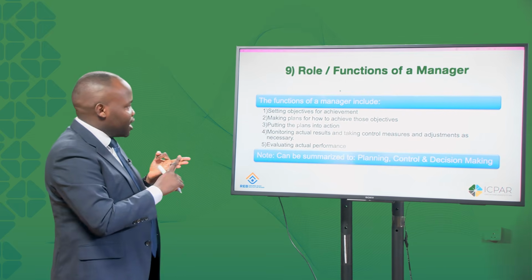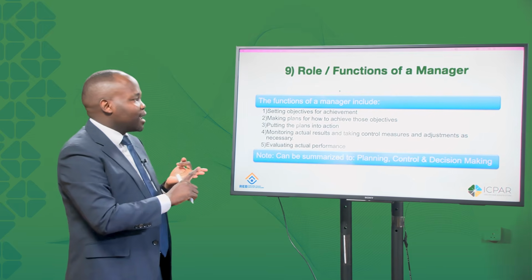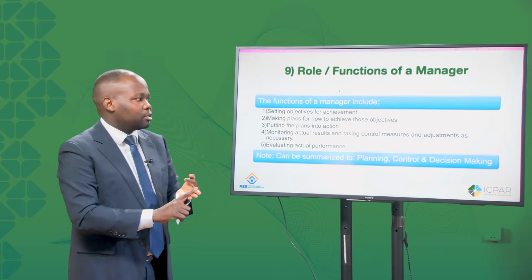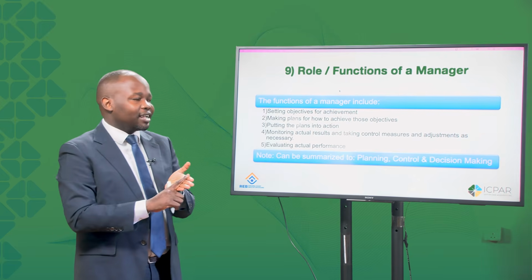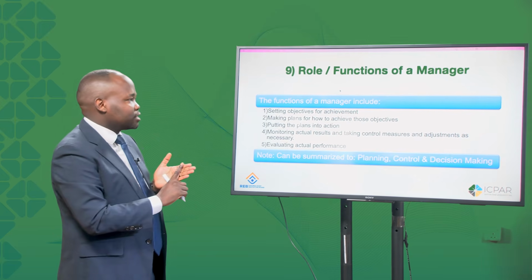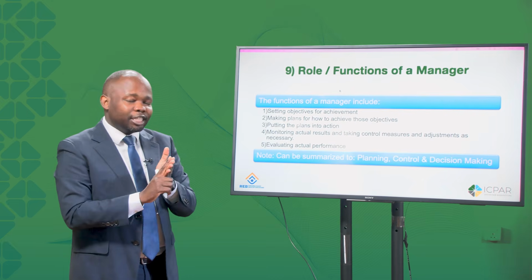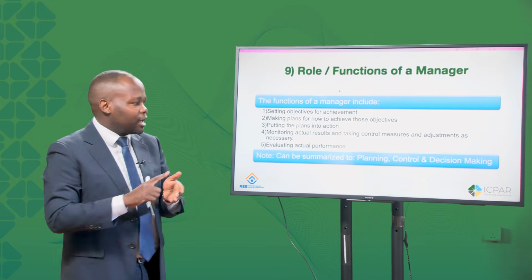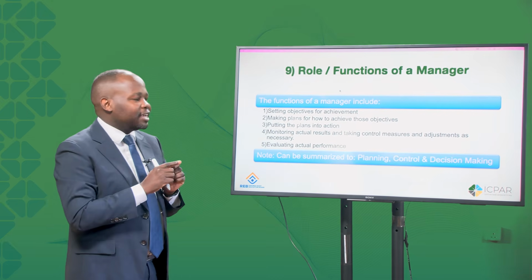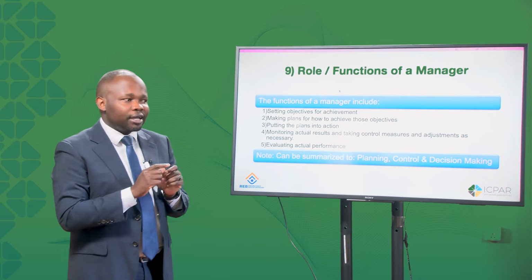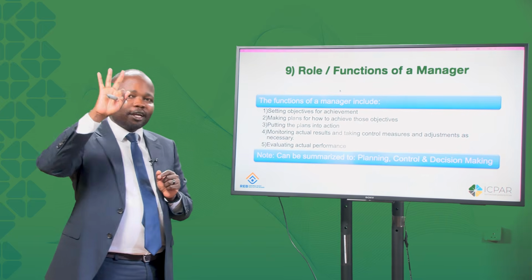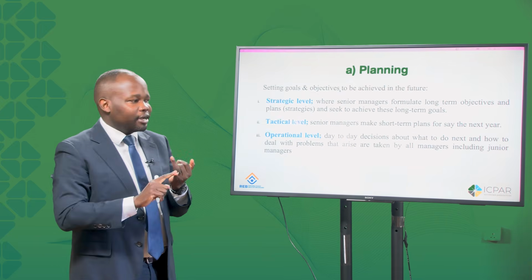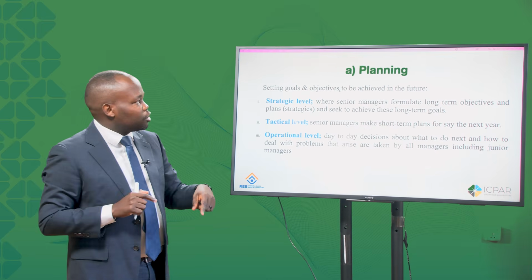The third function is putting plans into action, monitoring actual results and taking control measures and making adjustments where necessary, and finally, evaluating actual performance. These roles are summarized into 3: planning, control, and decision making.